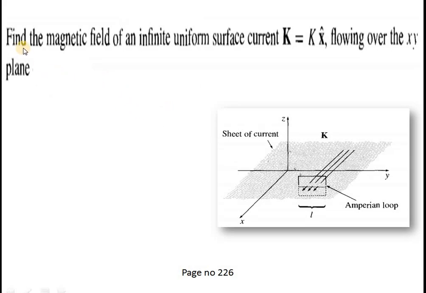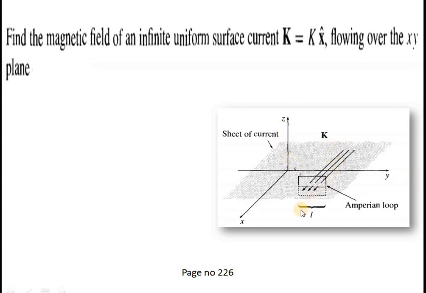And here is the question: find the magnetic field of an infinite uniform surface current K equal to K x cap. The current is coming out of the plane of the screen. K is a surface current in the x direction, with y direction and z upward.